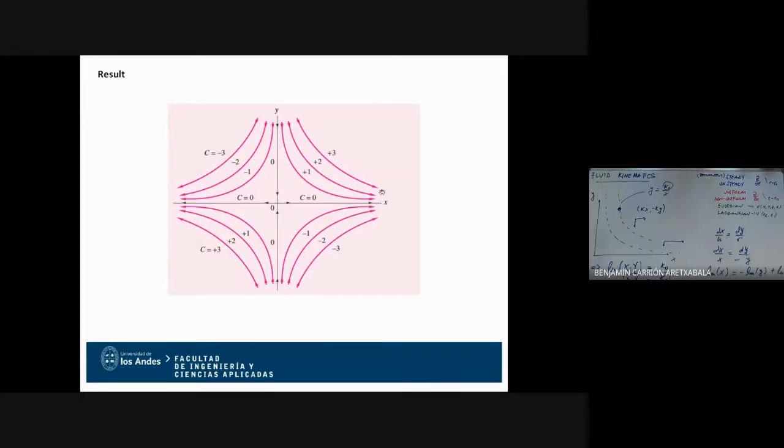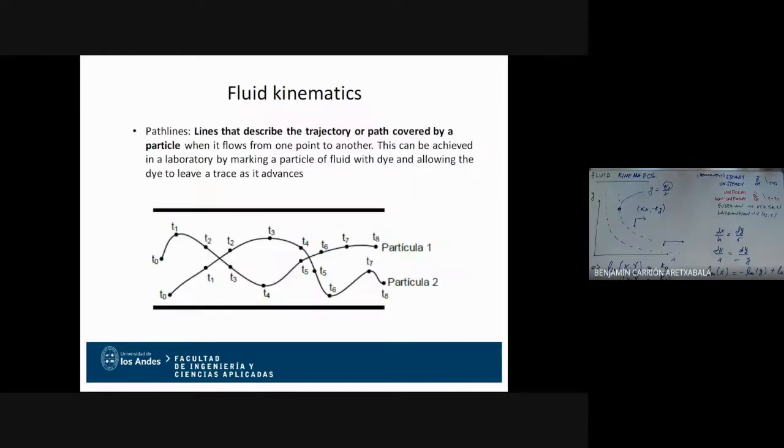Now the streamlines, again, they are an ideal representation of the flow. In reality, flow is way more chaotic. So normally in a lab, for instance, you're going to have path lines. A path line is nothing more than the path that one particular particle traveled.